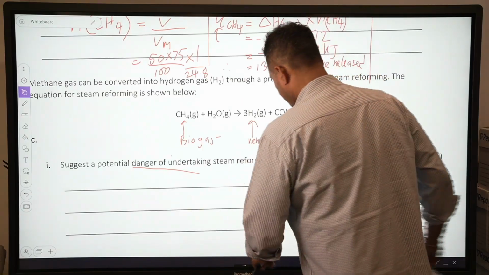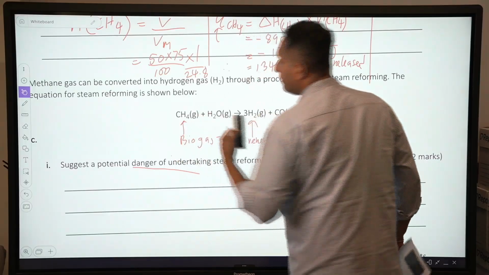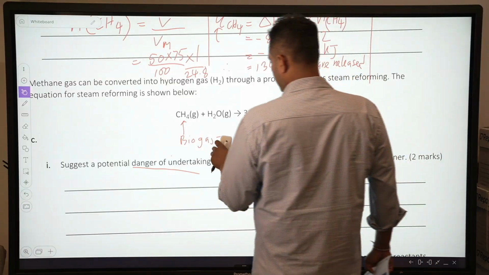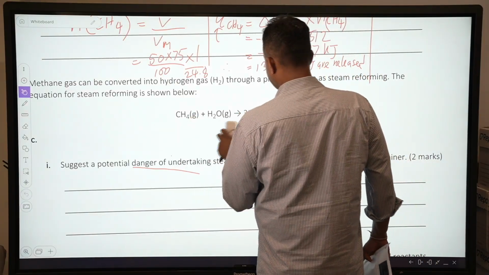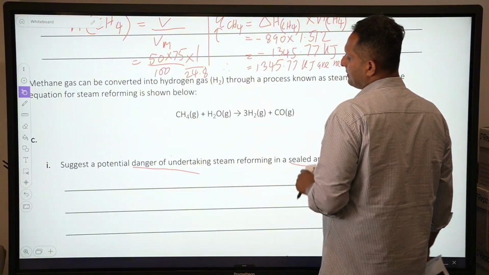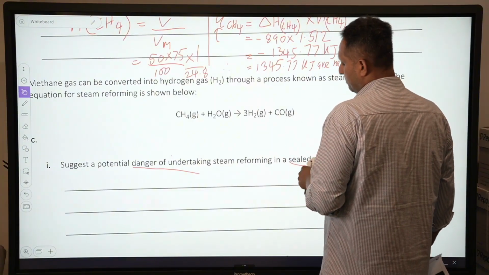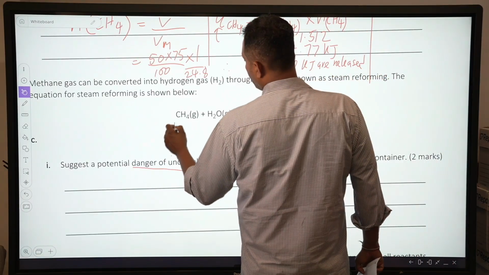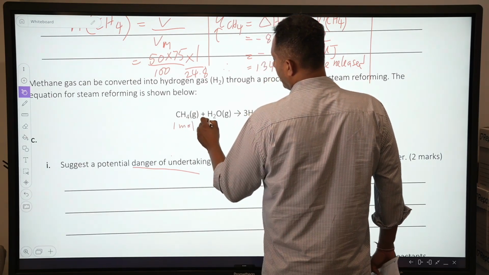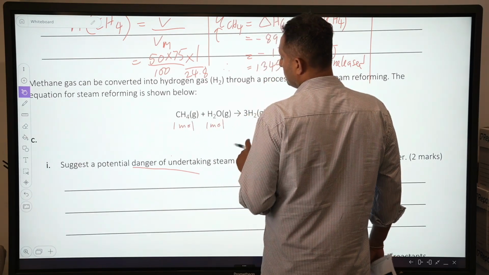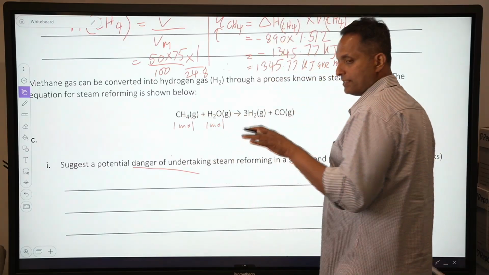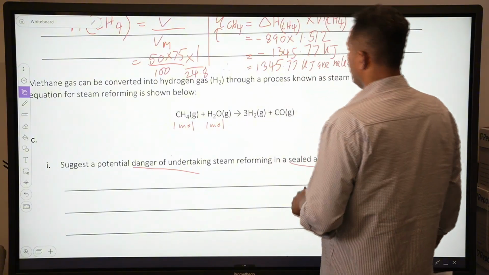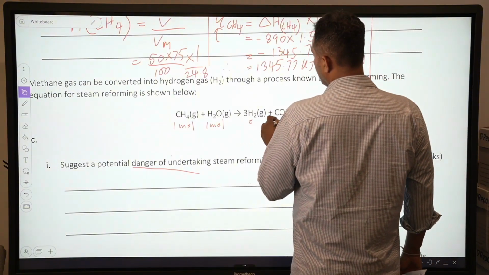As you could see, all the reactants and products are gases. Methane is a gas, steam is a gas, hydrogen is a gas, carbon monoxide is a gas. Now you are starting with 1 mole of methane and 1 mole of steam, which is also a gas. Obviously at the beginning you got 0 and 0 of the products.